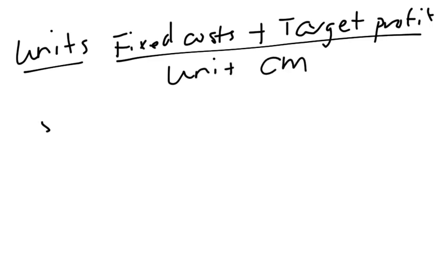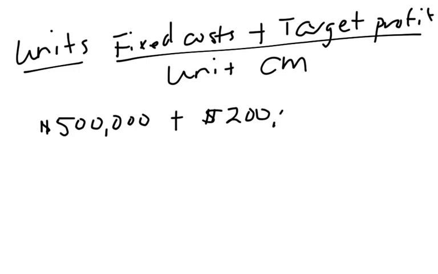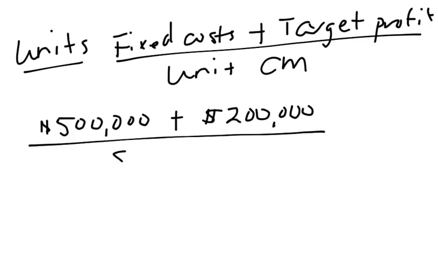So with our figures that we had, our fixed costs were $500,000. And let's say that we're assuming we want a target profit of $200,000. We're going to divide that all by our unit contribution margin of $275.